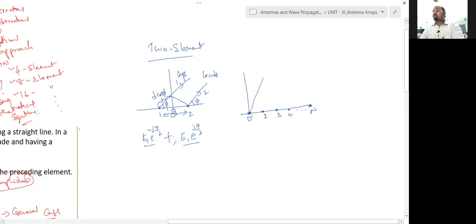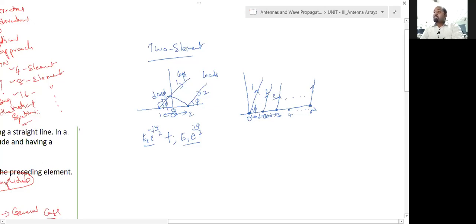So we have the fields radiated by antenna 1, antenna 2, and antenna 3. This makes an angle pi, and the distance is d. So this is the n element case, as I just explained.